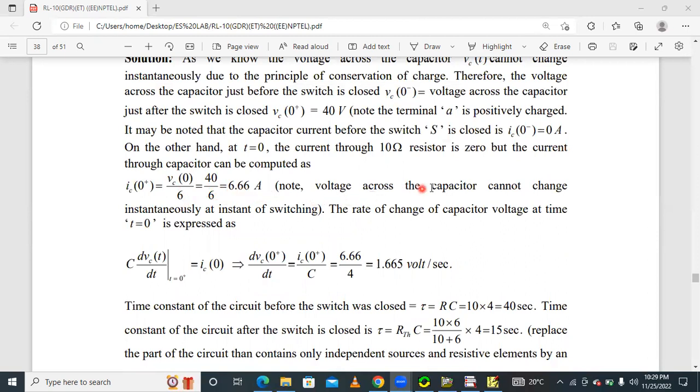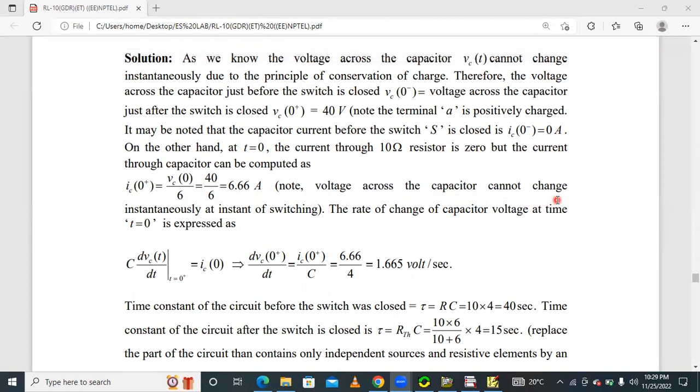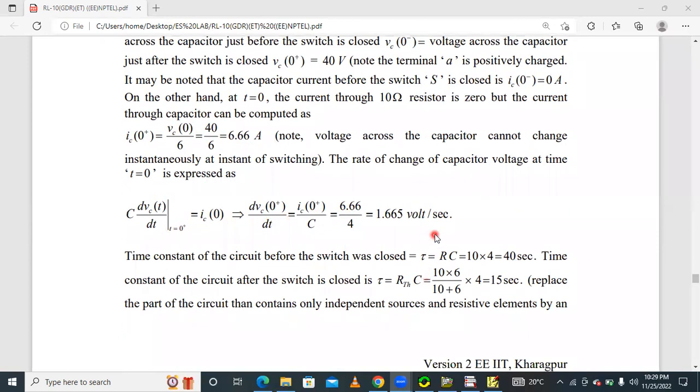Note that the voltage across the capacitor cannot change instantaneously at the instant of switching; the capacitor does not allow sudden changes in voltage, that's why 40 volts. The rate of change of capacitor voltage, dVC of t by dt, is equal to IC of 0 by C, that is 6.66 divided by 4, which is 1.665 volts per second.